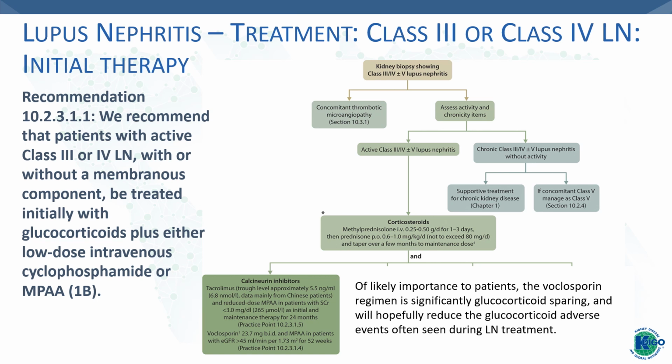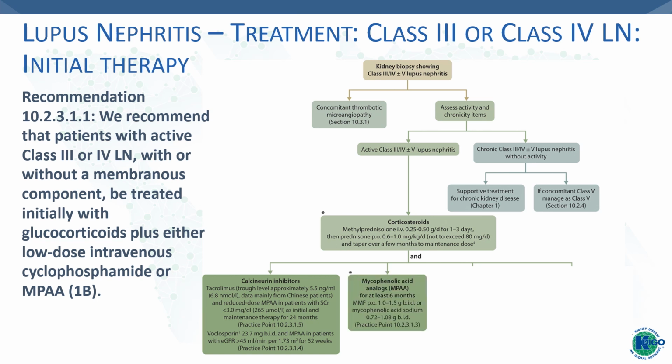The voclosporin regimen is significantly glucocorticoid sparing, and will hopefully reduce the glucocorticoid adverse events that are often seen in lupus nephritis treatment. We can also combine corticosteroids with mycophenolic acid analogs for at least 6 months in the form of MMF 1 to 1.5 gram twice daily, or mycophenolic acid sodium.